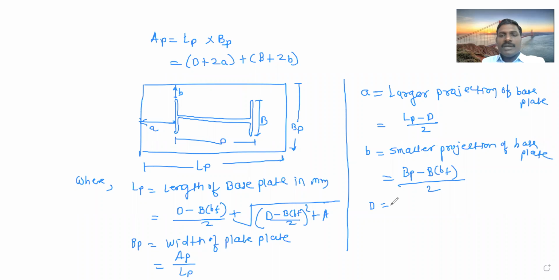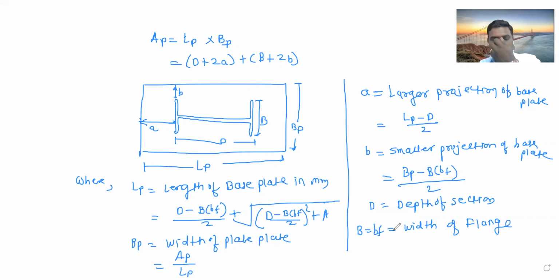Then capital D is remaining. Capital D is the depth of section. This will be known; it will be given in the problem statement. And capital B or BF is equal to width of flange. That we have to take from the steel table. The section is known; for this section, we take the width of flange.